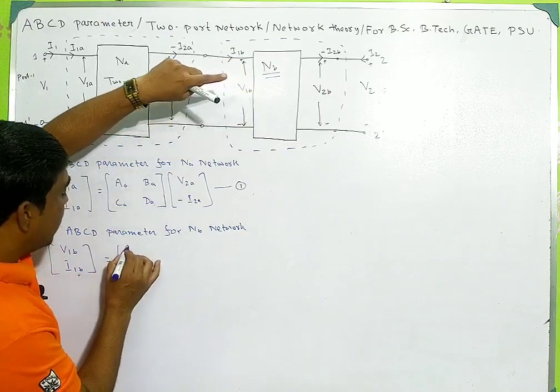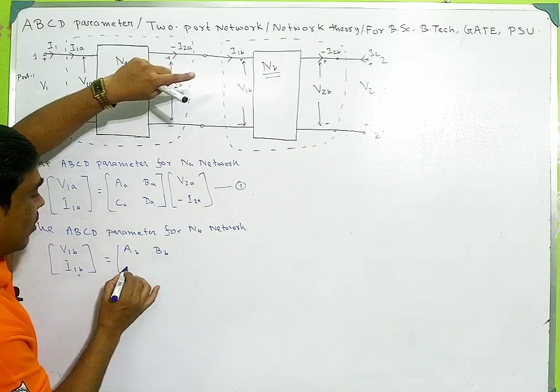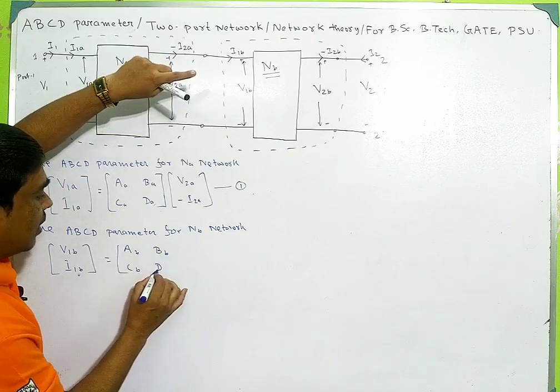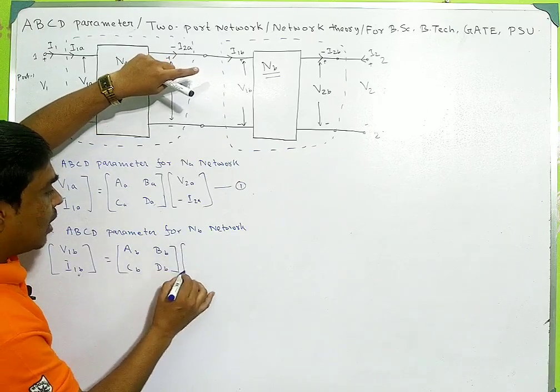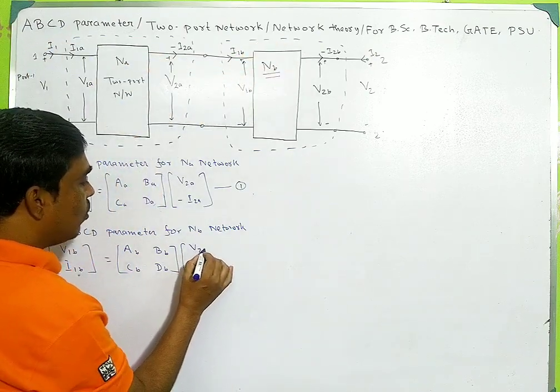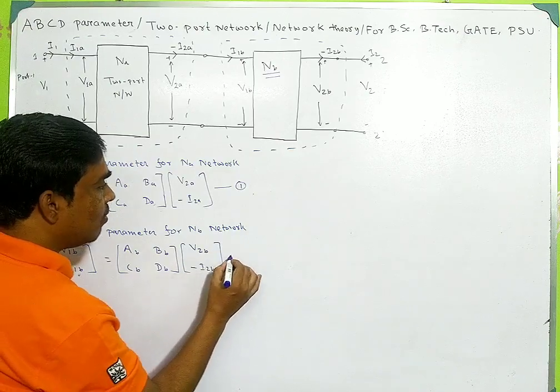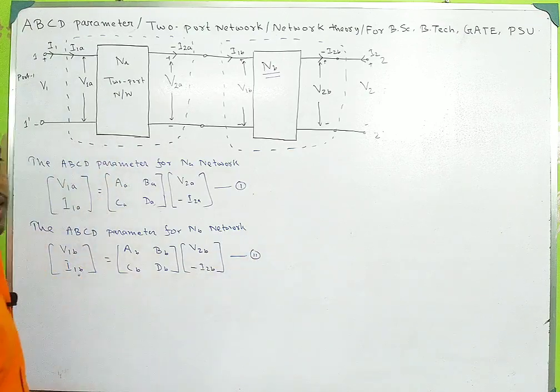So it can be written as AB, BB, CB and DB, and the output voltage and current is given by V2B, minus I2B. So this is the equation for this network NB. These are the two equations.